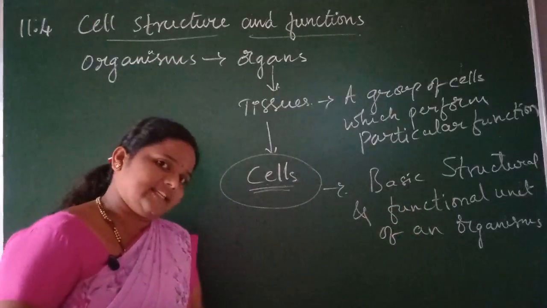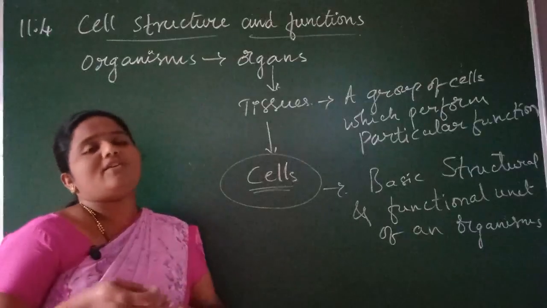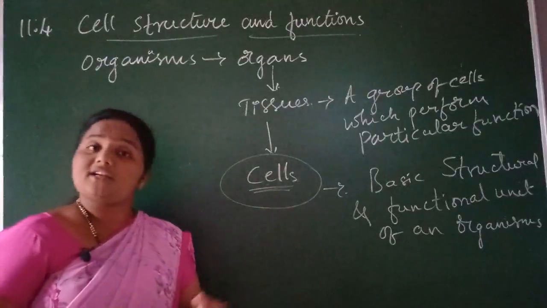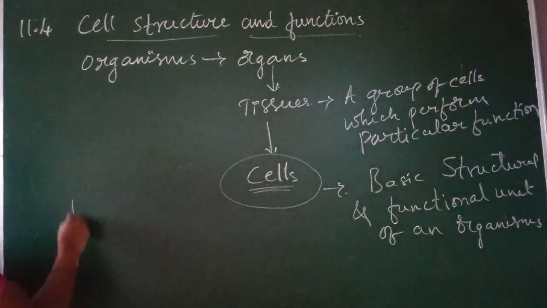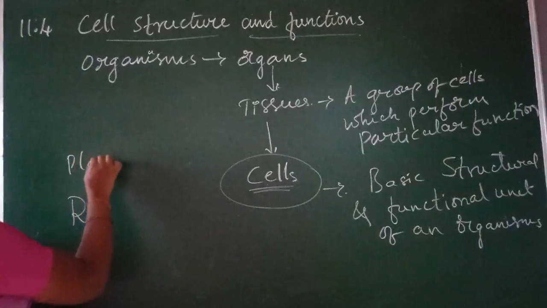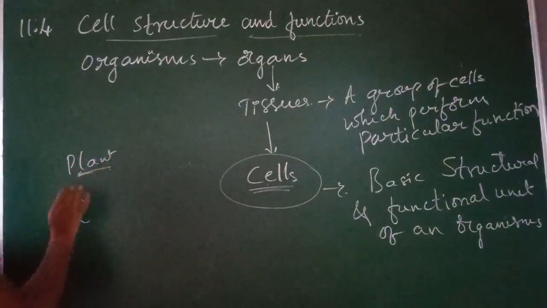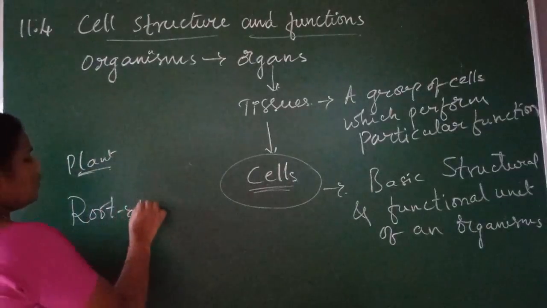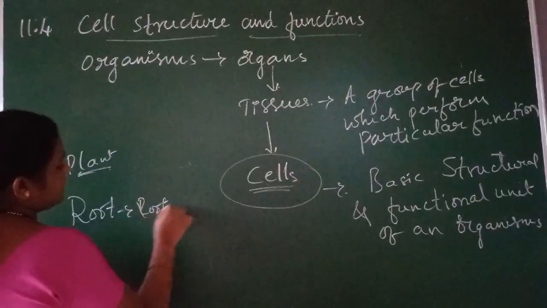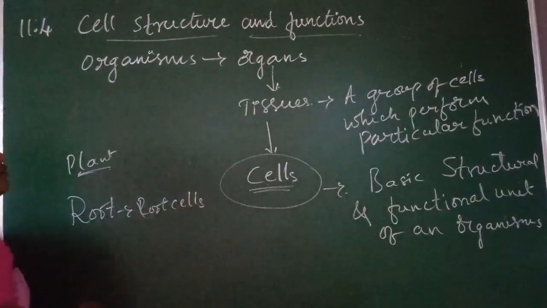And in the same way, when you consider a plant, children, at different parts, different types of cells will be present. For example, a plant consists of different parts. When you take the root, in the root you will get root cells. What is the function of a root cell, children?